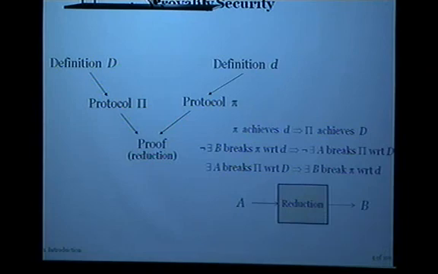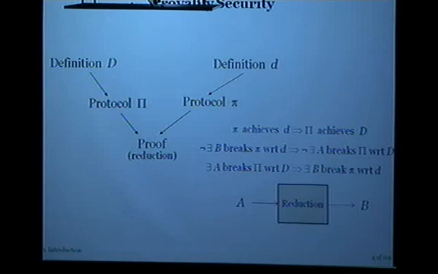We're trying to show that capital Pi achieves definition capital D as long as little pi achieves its definition. What's actually shown is the contrapositive. Let me do it in two steps. What does it mean to say that pi achieves definition D? Well, in cryptography, being secure somehow means the inexistence of an effective adversary.